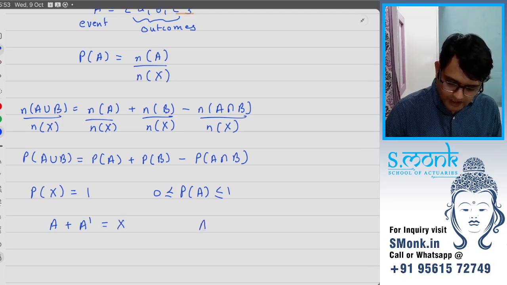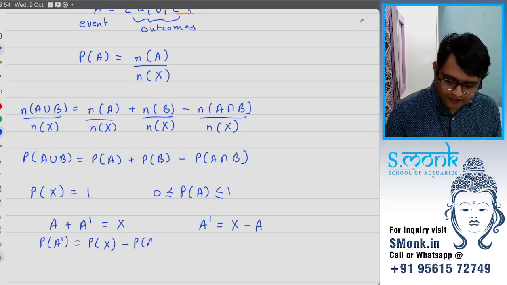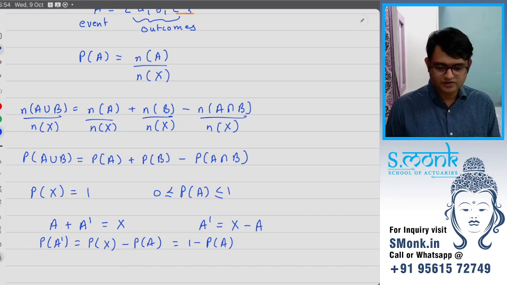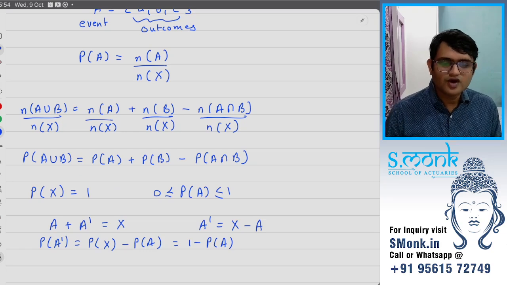I can say A complement is nothing but universal set minus the set A, and that would give me probability of A complement is equal to probability of the universal set minus probability of A. Probability of universal set is 1. That is 1 minus probability of A. This is another thing that we can use: probability of complements.